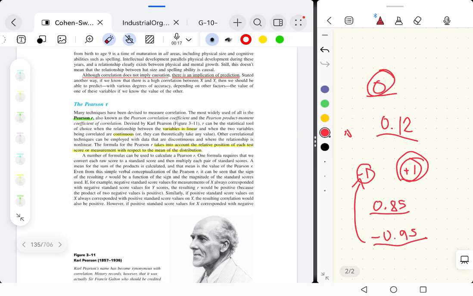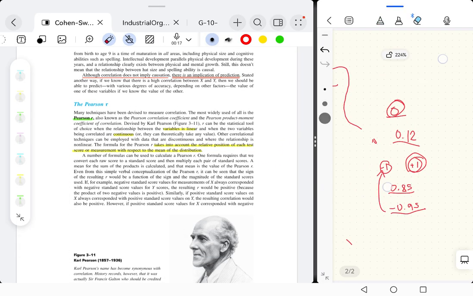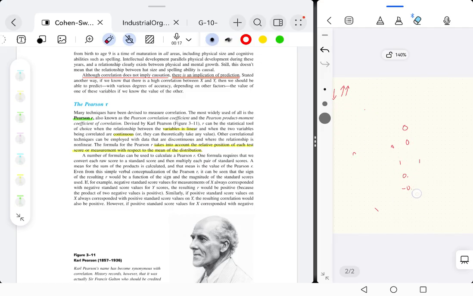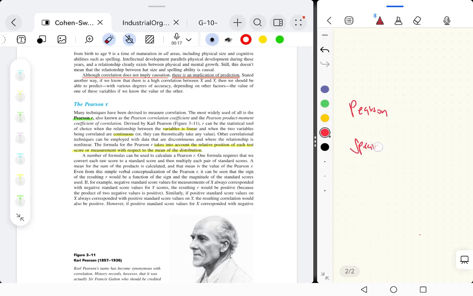So let's move on to Pearson R and Spearman. Now, these two are the most frequently used na correlation, right? We have the Pearson and we have the Spearman. Now, we use Pearson when the variables are linear and continuous. What does that mean?